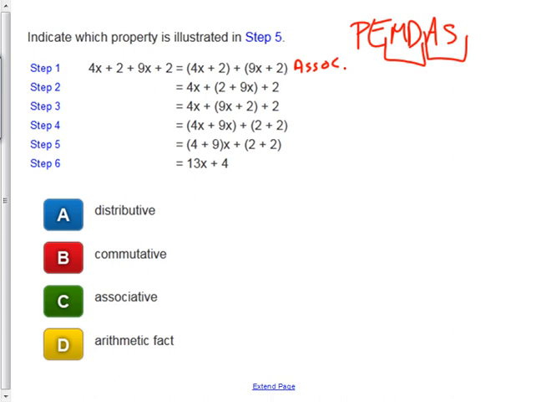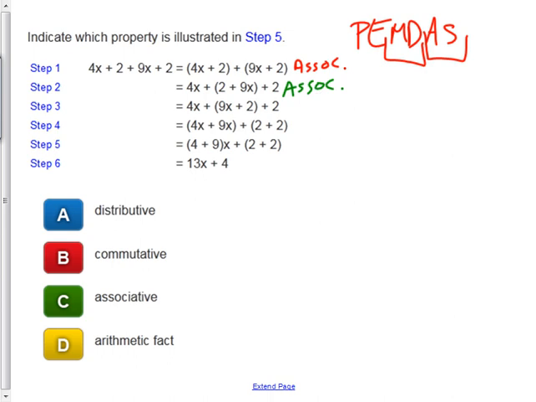The next step, in this situation, notice the order is not changing at all. So 4x is still in the same spot, the 2 is in the same spot, 9x and 2. Everything's in the same spot, we're just grouping it differently. So again, this is an example of the associative property. Usually whenever we're just moving the parentheses around, that's an example of the associative property.